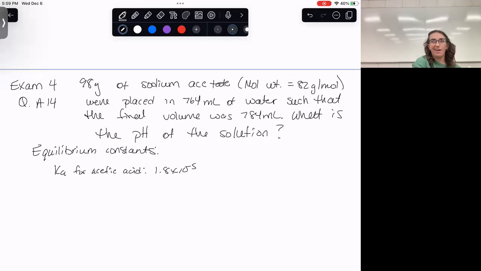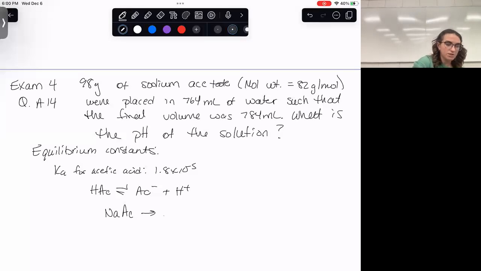If we were to look at the Ka for acetic acid, I usually write this as HAC for acetic acid, which would dissociate into the acetate ion and the H+ ion. What are we given in our question? We're given sodium acetate, NaAC. What is NaAC going to do in solution?